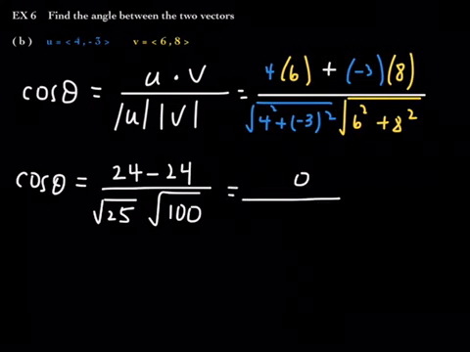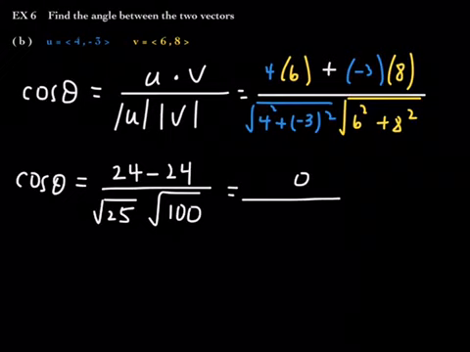At this point, when I'm doing this work, I stop. I don't do this any further because I already know the entire right-hand side will be equal to 0. Whenever the numerator is 0, the whole fraction is 0. If you want to keep going, by all means you can, but you're just going to get 0 over 50.